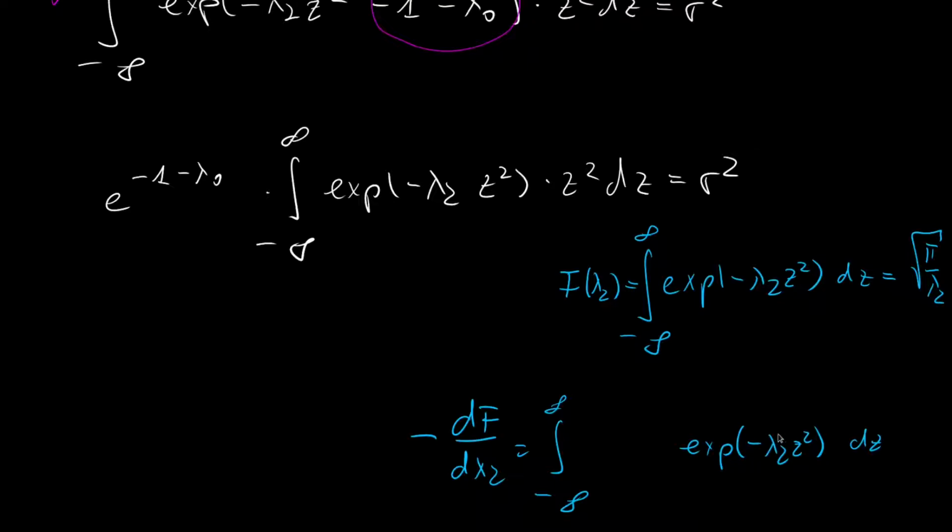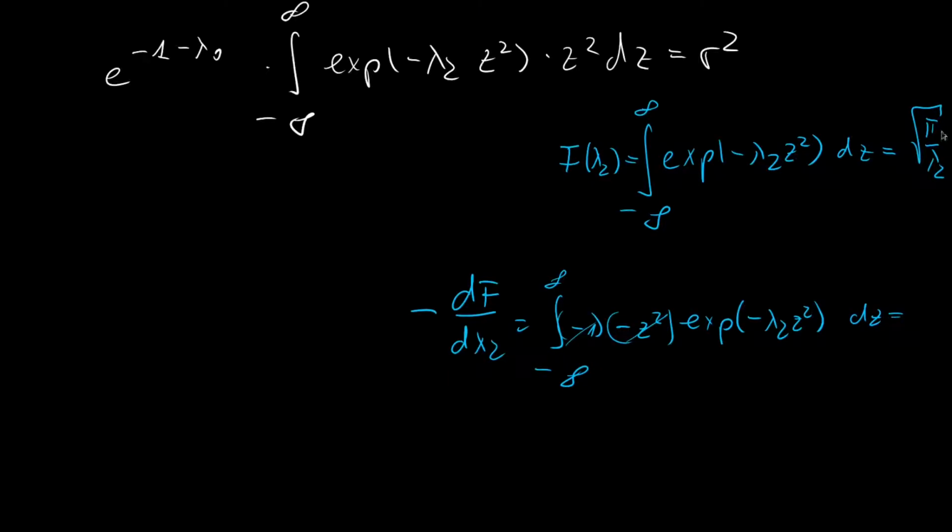And the inner derivative will be, well, this derived with respect to lambda 2 is minus z squared, but we are applying another minus here, and then this cancels, right? And we know that this will be the square root of pi over lambda 2, and then this will be the derivative of this with respect to lambda 2.